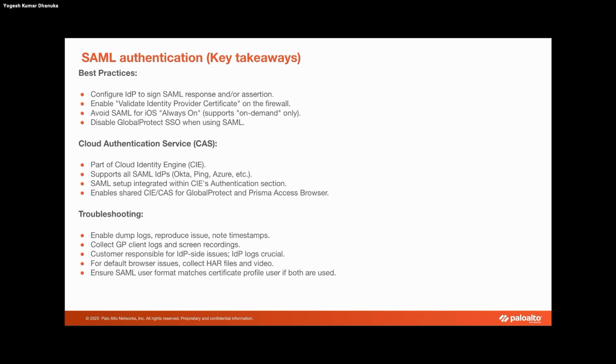For default browser issues, because in a default browser you as a user have control, once the authentication prompt goes to the default browser, you can view the page source, and then you can collect the HAR file so that we can see the SAML request and response, which gives more logs.